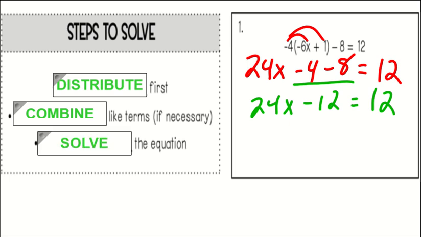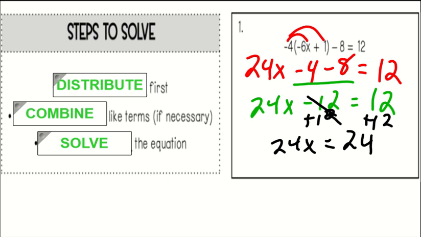Then we solve the equation by doing the opposite. That's really kind of combining 2 steps into 1 by just saying solve, but that's how it goes. Adding or subtracting, we get rid of first. By doing opposite, we add 12, cancels. So I got 24x equals 24. We divide, get x equals 1.